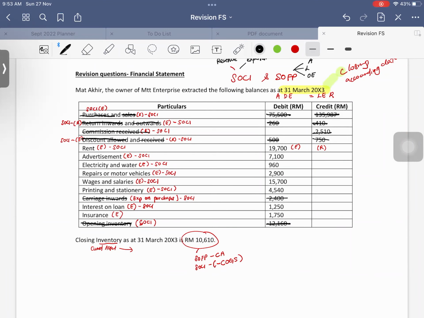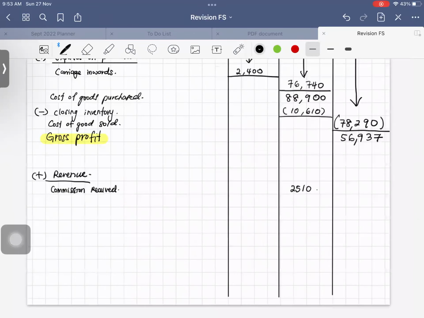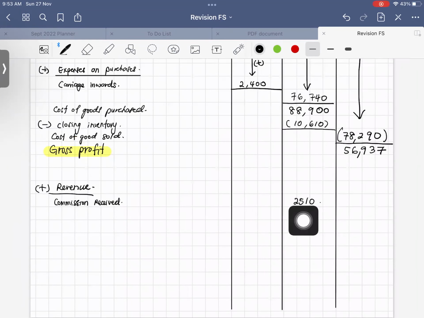And then what else? Revenue tak ada. Kita hanya ada satu je revenue ya. So 2510 ni ada dekat satu tempat je tadi. So meaning that there is no other value that need to be plus with your 2510. Tak ada dah working anything.